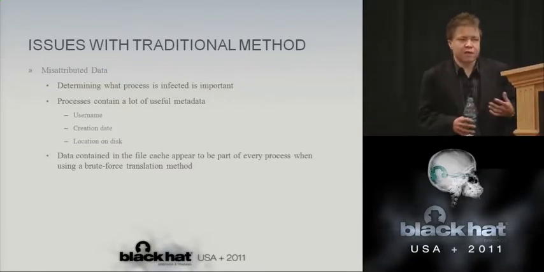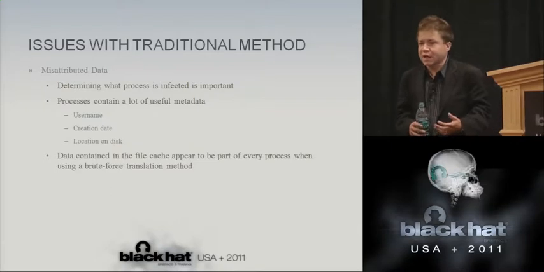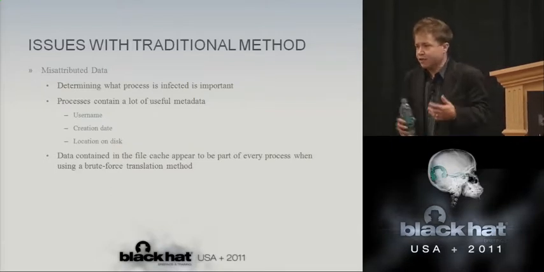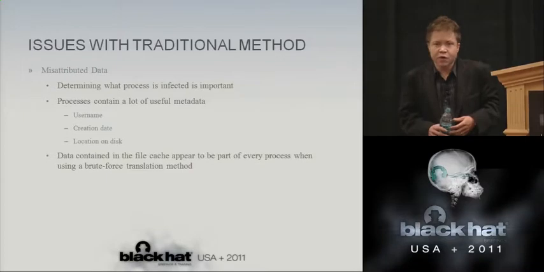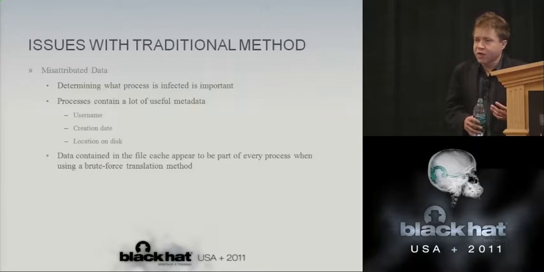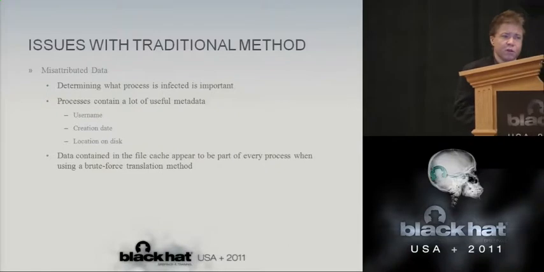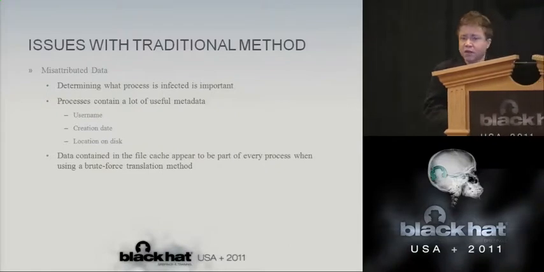With a process, once you identify that a particular process is infected, there's a lot of metadata that comes with it. I've just listed a few things here. There'll be a creation start time, basically when the process was created. You might be able to use that for timeline analysis. Also, there's the username associated with the infected process.